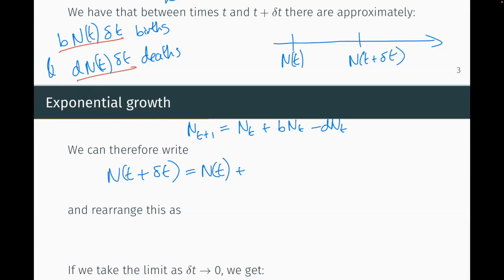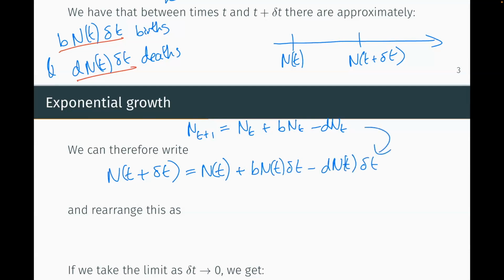So what do I write here for our plus? So we have N at time t plus what? bN(t) delta t, yeah. And then what else do I need to add onto this? Yeah, the deaths. So minus dN(t) delta t.